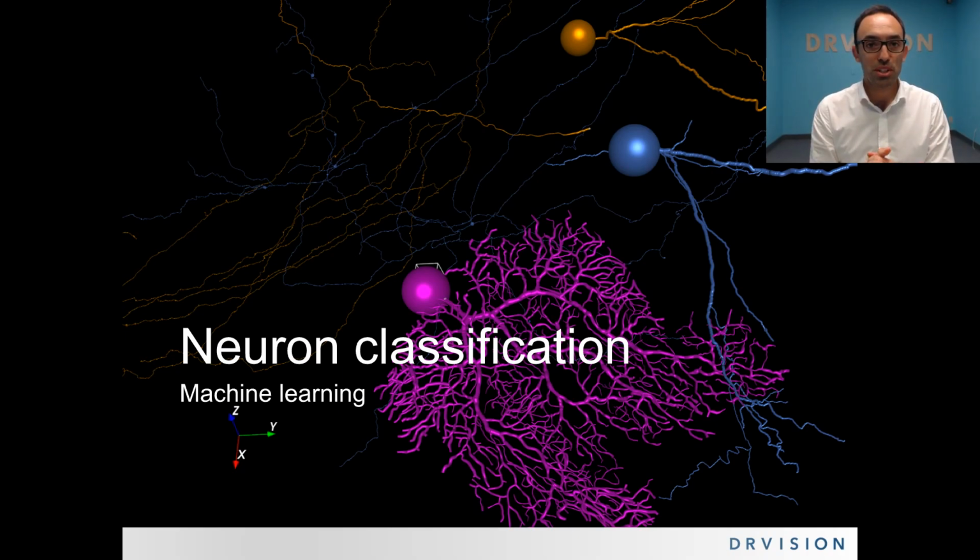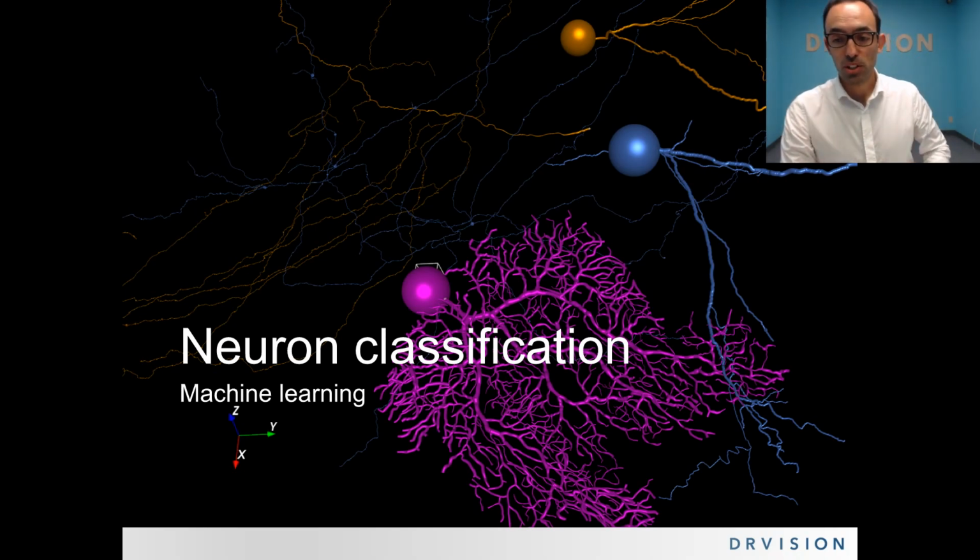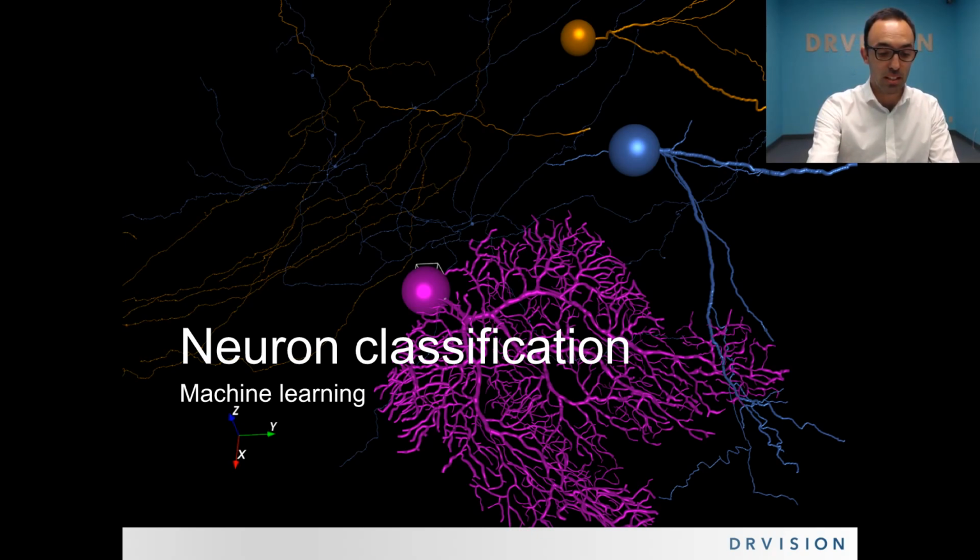Okay, we're all set. So the next part is the neuron classification, and for this we've used one of the many ways, one of the many algorithms related to machine learning, and this is something we have a lot of experience here at DR Vision, not only with the patents, but there's a lot of other work that we've done over the decades in this area, and we have a lot of products deployed that have some sort of machine learning in it, either guided or not guided.